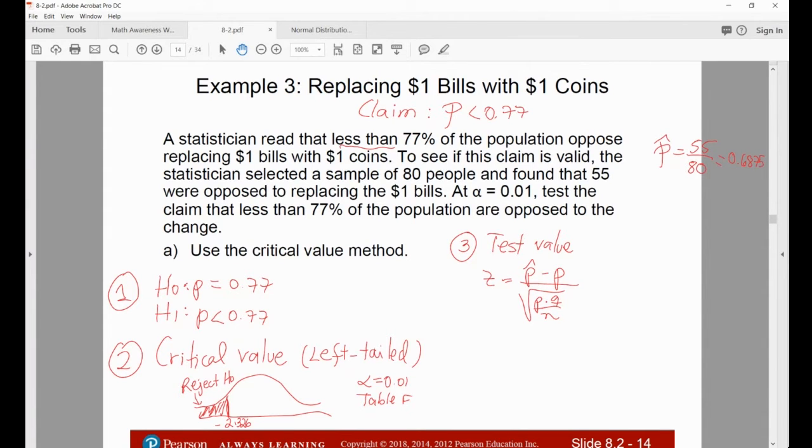So let's not round yet because this is an intermediate step. You can use 4 decimal places. 0.6875 minus, what's the value of P in the null hypothesis? 0.77, over the square root of P, 0.77 times Q. What's the value of Q? 0.23, 1 minus 0.77.